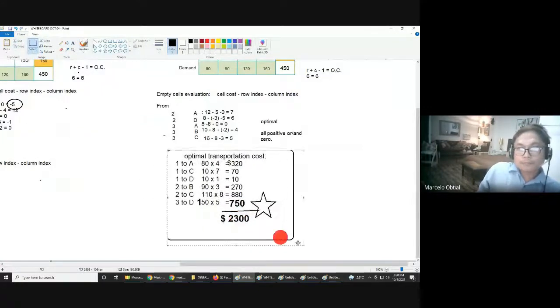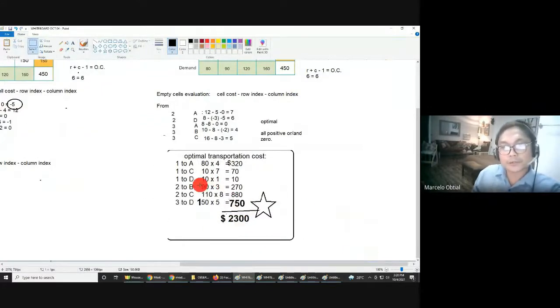Okay, great. Okay, as a manager or supervisor, your decision is from factory 1 to warehouse A, you will transfer 80 units. For example, sako ng bigas. No? Okay, for each sako ng bigas, you will spend 4 pesos or $4. Okay, so this is the total cost.